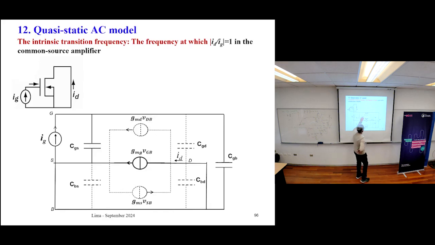This capacitor, gate to drain. What? Oh, this is connected to ground. Okay. CBD. Bulk to drain. Drain is connected to ground. The bulk is connected to ground as well. So you have a lot of components which are useless in this configuration.